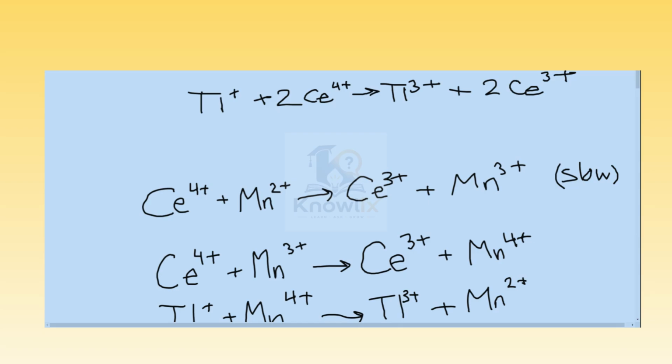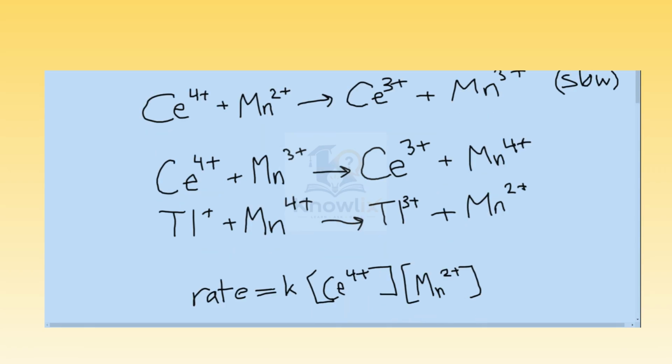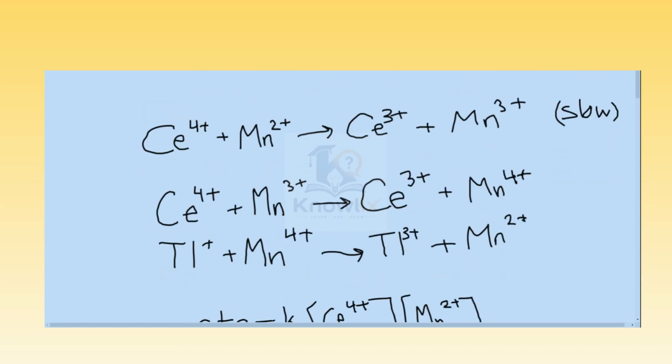It's pretty rare to see 3 molecules colliding in the correct orientation. However, as we see in this mechanism, every step involves only a bimolecular collision. And it's fairly common to see 2 molecules colliding.